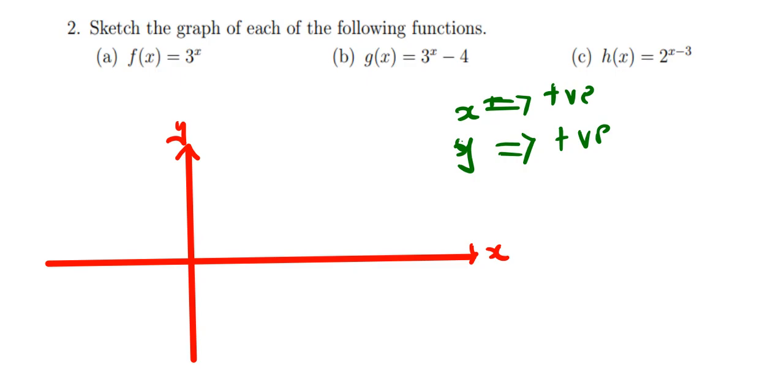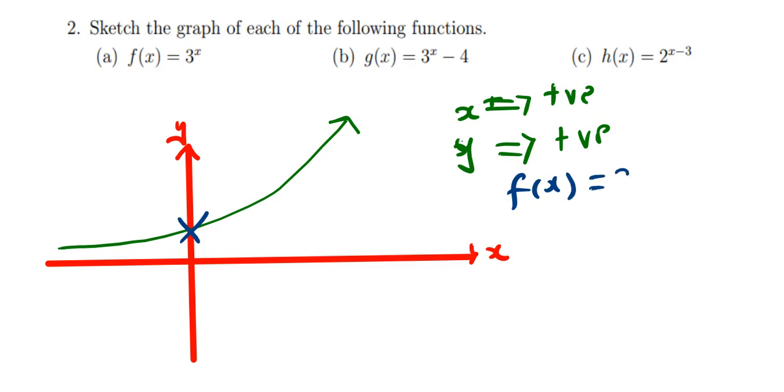So what are we going to have? It means our graph is going to come from this side. It is going to go like that, going to the positive values of x and the positive values of y. Now it's going to cut this point, so we have to find this point, and that is what we call the y-intercept, the point at which you cut the y-axis. Now we have f of x equals 3 to the power x.